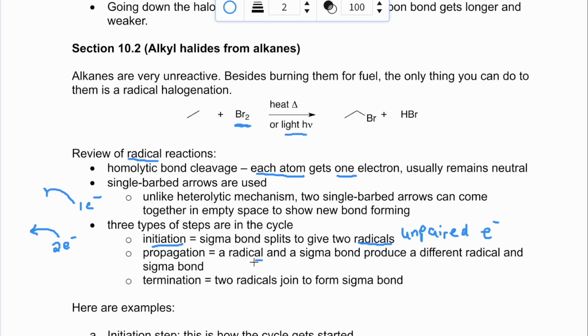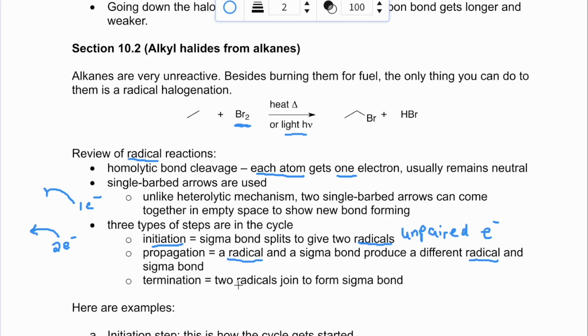These radicals go around and react with other sigma bonds, and they produce another radical and another new bond that forms as a product. So there is a radical as a product, which is also very reactive. So the propagation step just keeps things going. You still have a radical, it's just a different one.